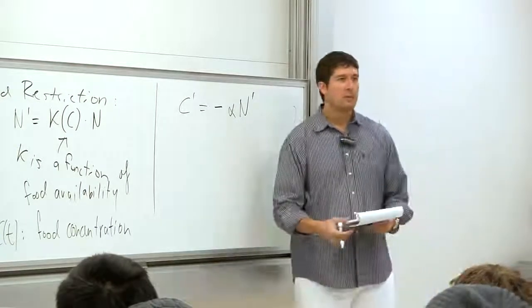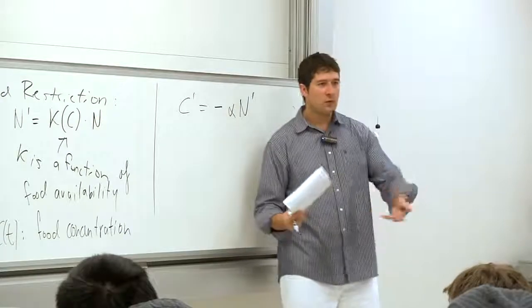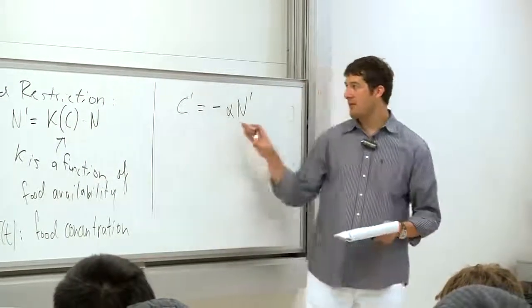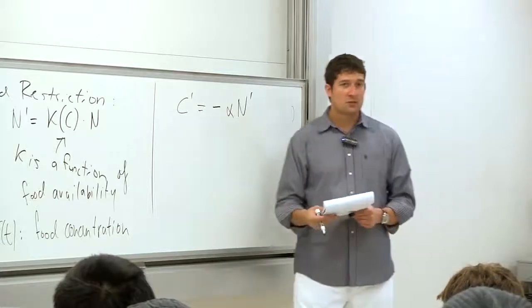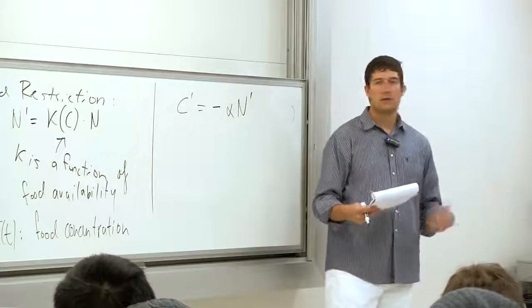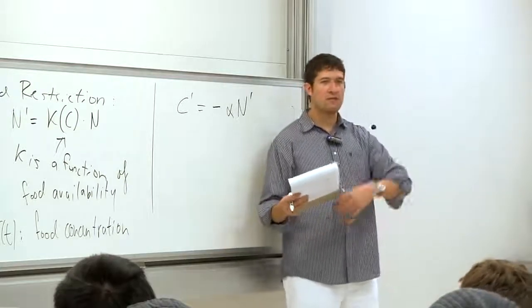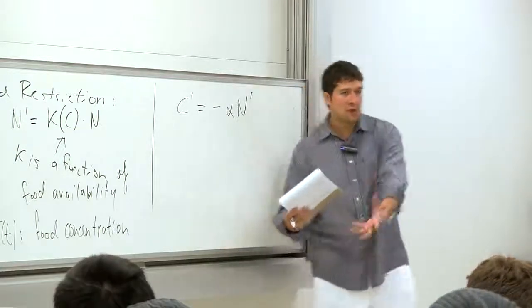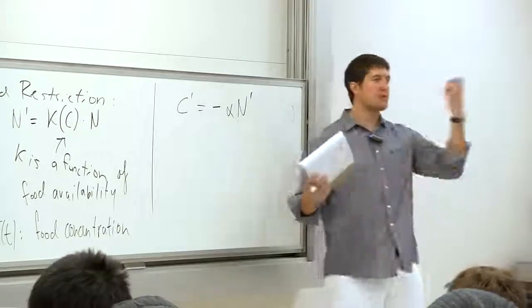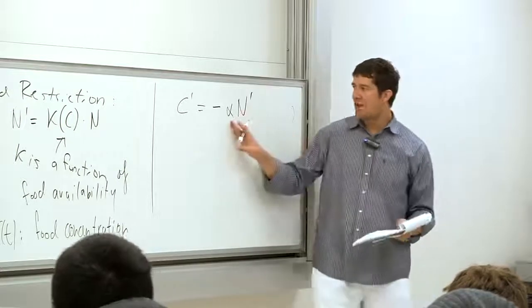You can also assume that if bacteria need food to just be there and survive, then there's going to be an n term in here. But let's suppose that bacteria only need food to the extent that they're growing, right? So if there's for example 5 new bacteria, then there's going to be a consumption of food. If there's 10 new bacteria, there's going to be twice as much consumption of food. Okay, so then alpha will be what?